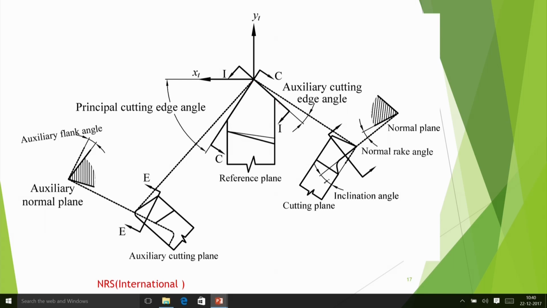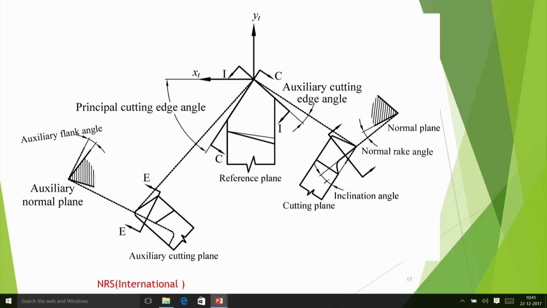So I have told you now 4 systems of tool designation. ASA, we commonly use ASA system, very easy to understand, and orthogonal, most of the books in metal cutting literature, they may use orthogonal rake system also, or even normal rake system also.